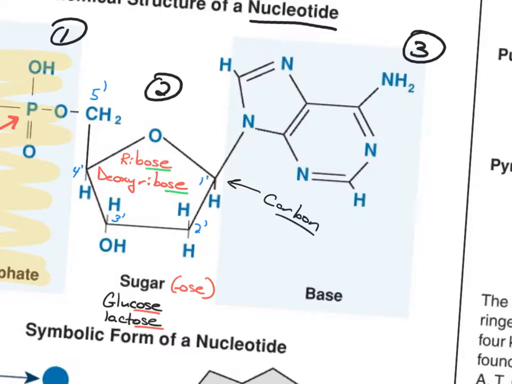It's important that you understand that each of the carbons is numbered 1, 2, 3, 4, and 5, starting with the O, which is oxygen. I like that it's oxygen and we start with the O because it looks like 0, doesn't it? So O or 0, then 1, 2, 3, 4, 5.